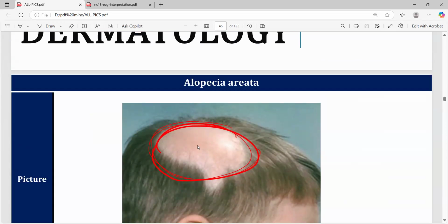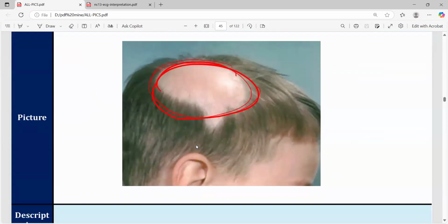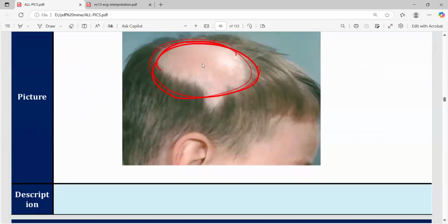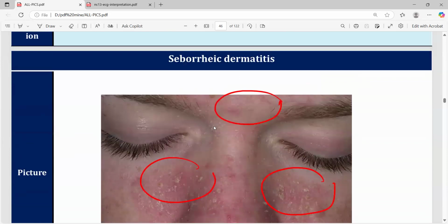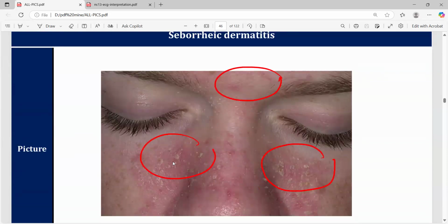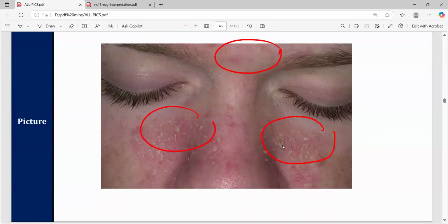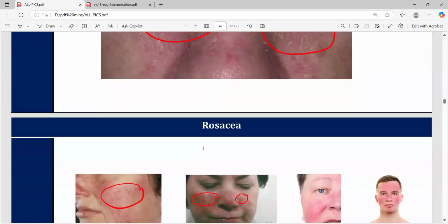It does not show any redness or inflammation, or any broken hairs. Okay. Then comes seborrheic dermatitis. As you can see, there is dryness and yellow patches, mainly dry patches here. That's why it's seborrheic dermatitis. So don't mix it up with impetigo or anything else.